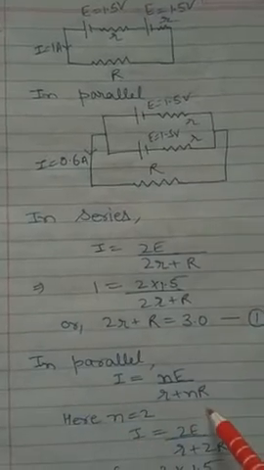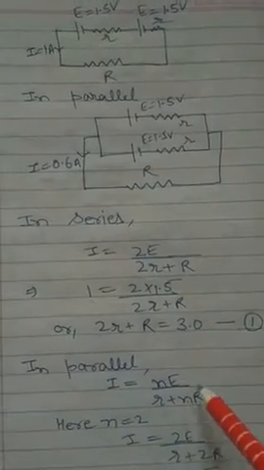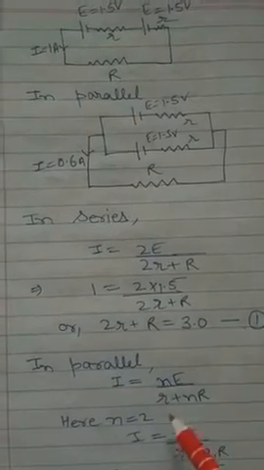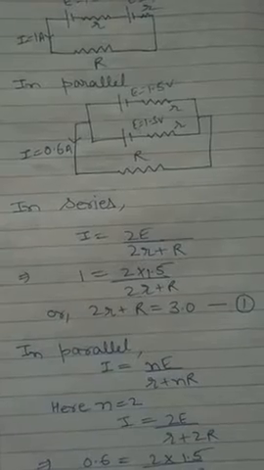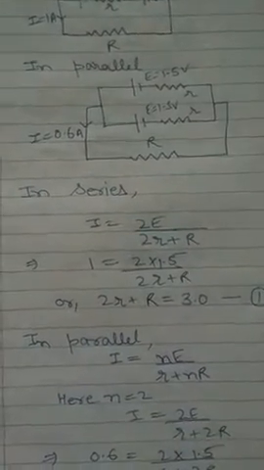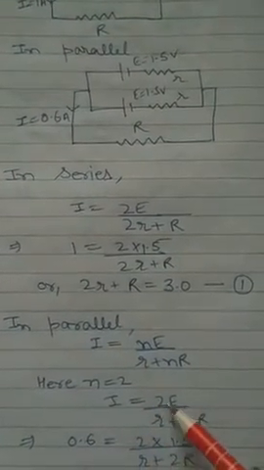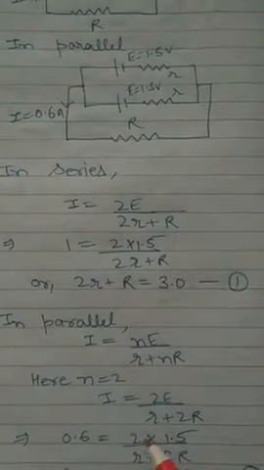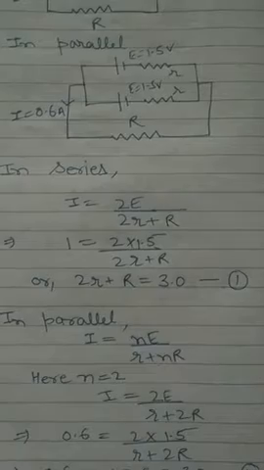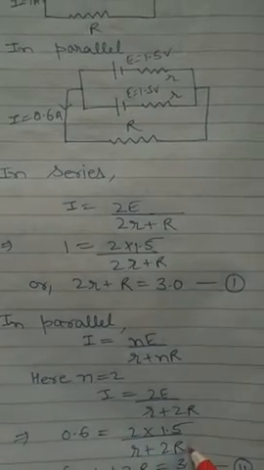In parallel combination the n is multiplied with capital R, so the general formula is I equal to nE upon R plus nr. Here n is the number of cells, which is 2, so I is equal to 2E upon R plus 2r. So it will be 0.6 equal to 2 into 1.5 upon R plus 2r.